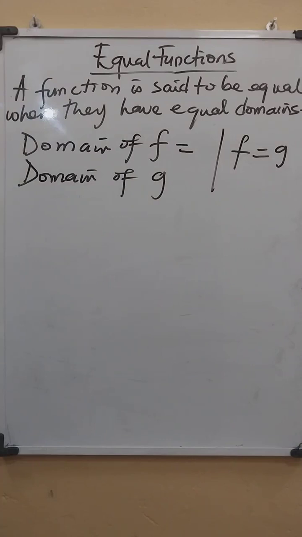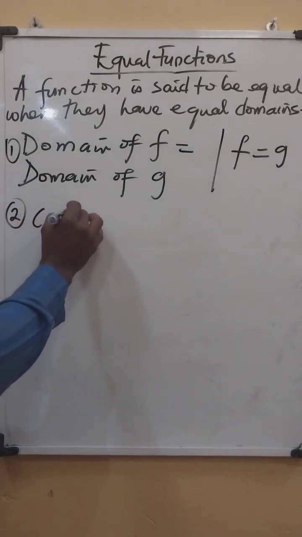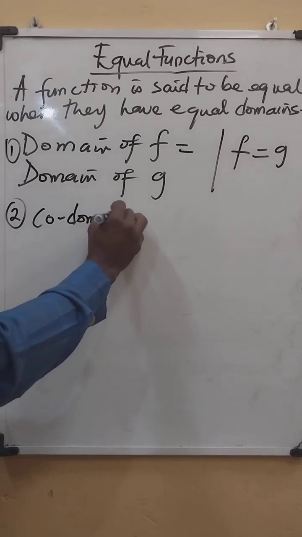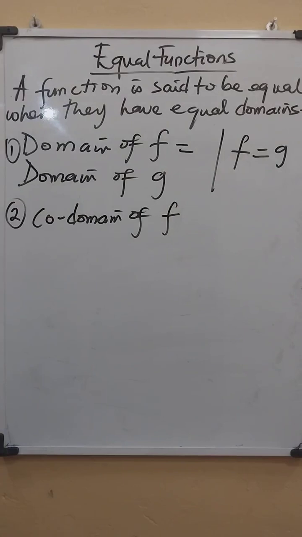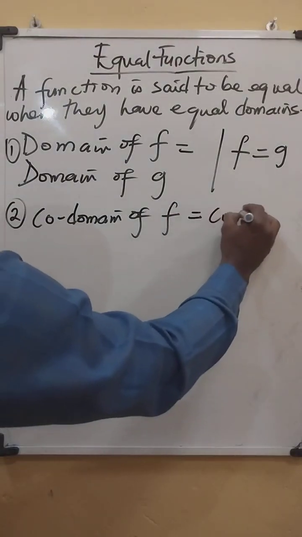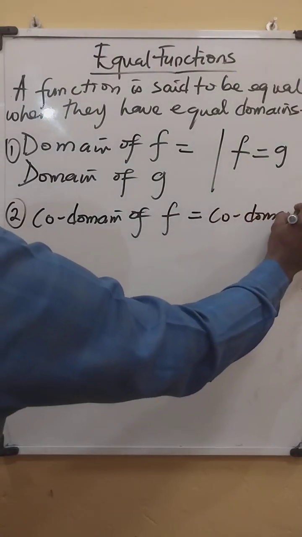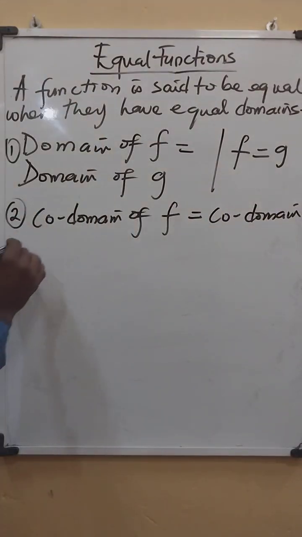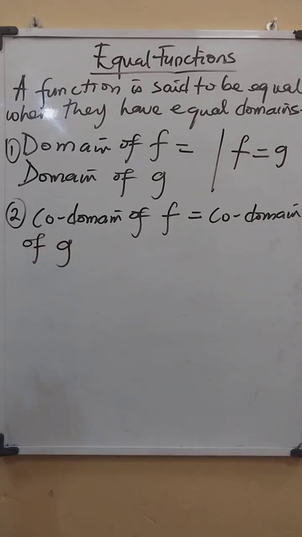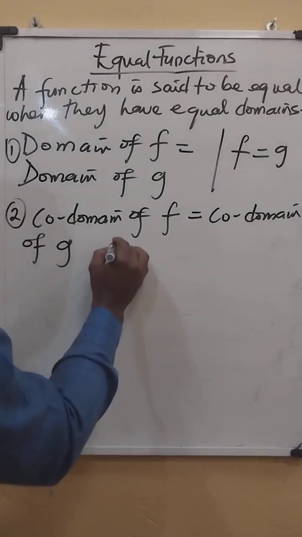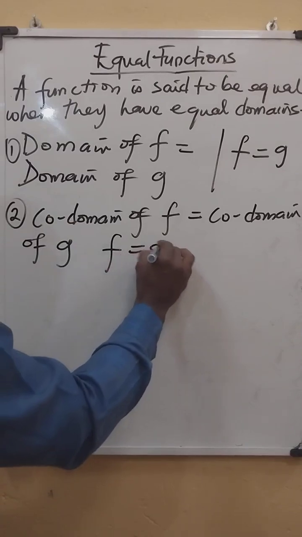So follow me carefully now. This is 1, let me say that as 1. 2, the codomain of the function f is also equal to the codomain of function g. This is a function, that g is a function. It also means that f is equal to g.